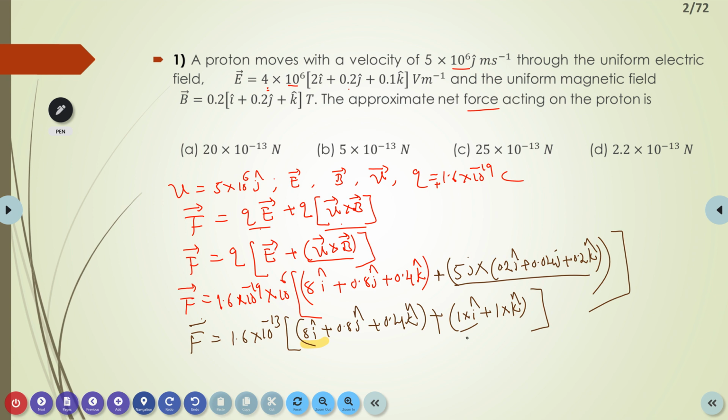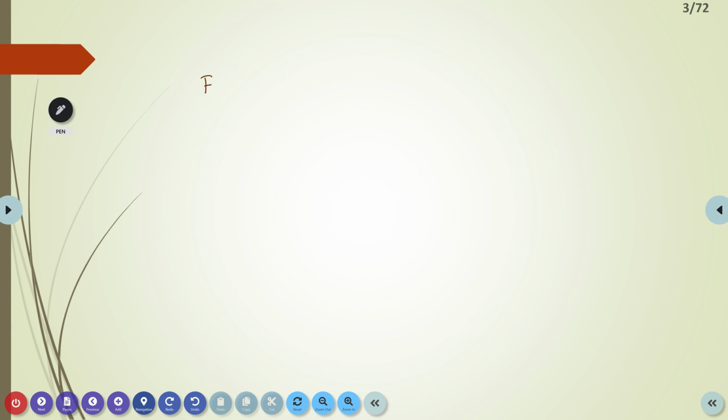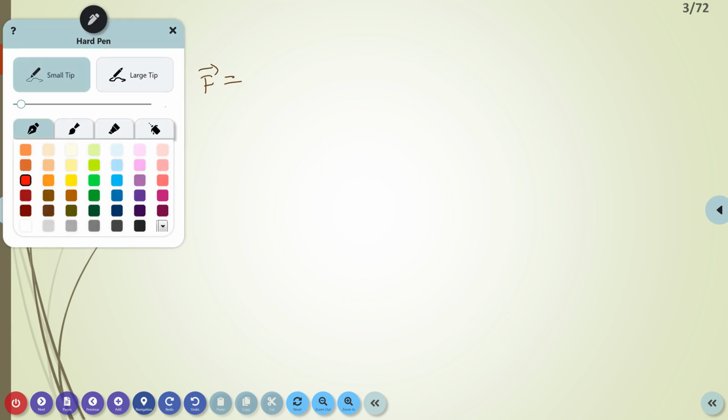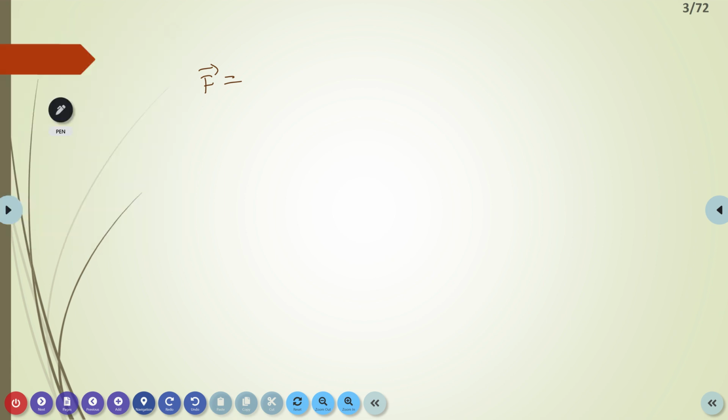By adding, what you are getting is F bar equals 1.6 into 10 to the power of minus 13 into bracket.